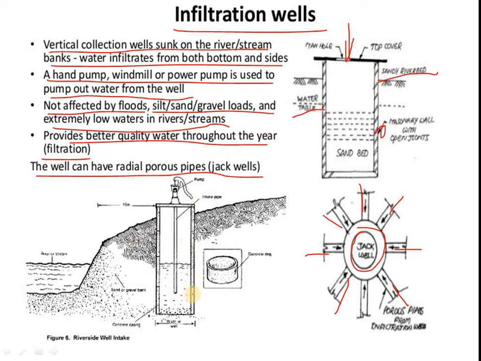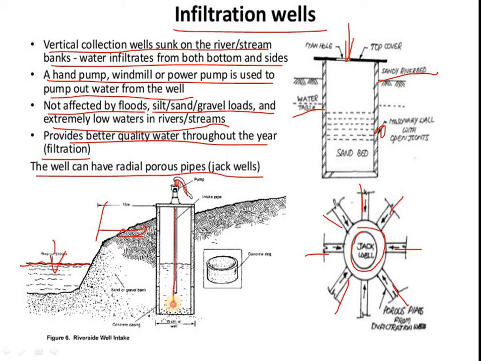So we can see in the image here directly. This is a river stream, and the well will be located up to about 1.5 meters near the river area. We will be collecting water just like in a chamber, and at the top we keep a pipe, which we can operate by hand or with a motor.